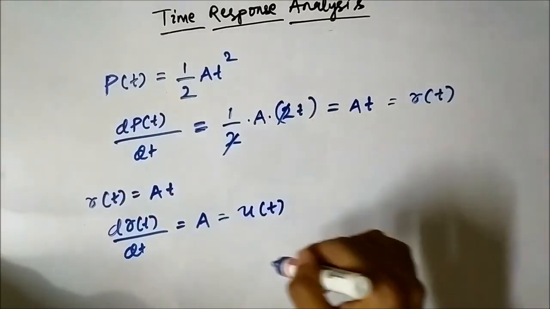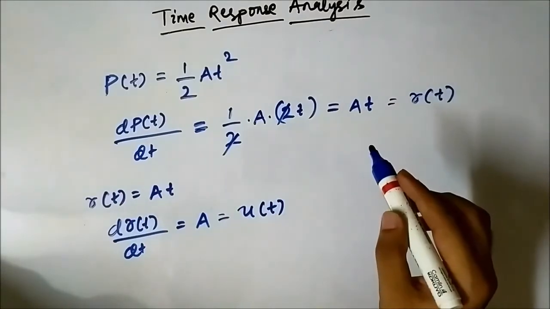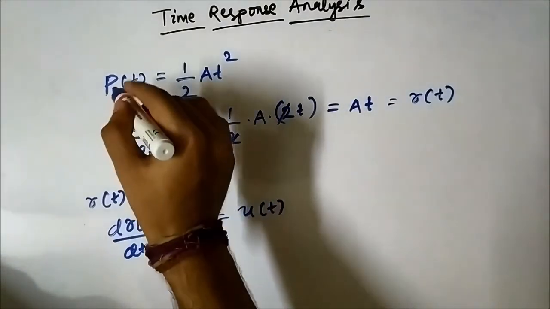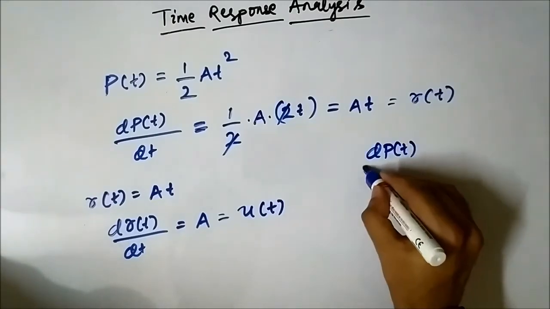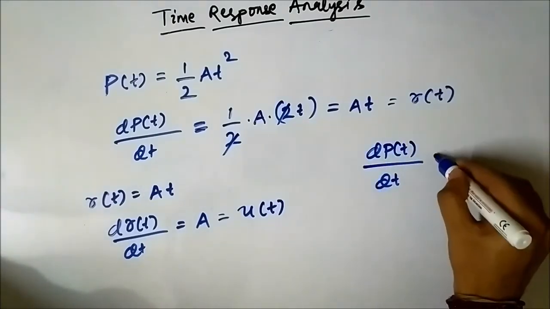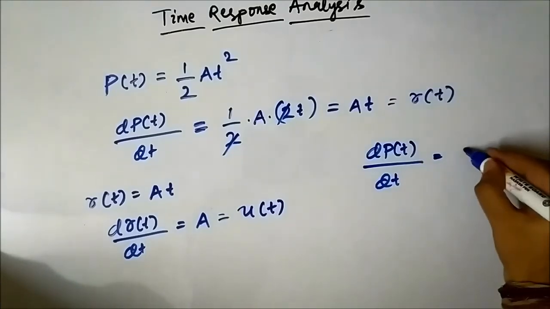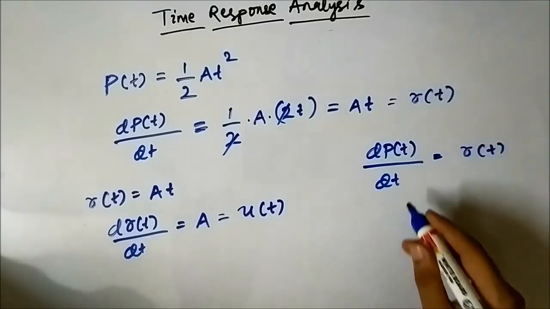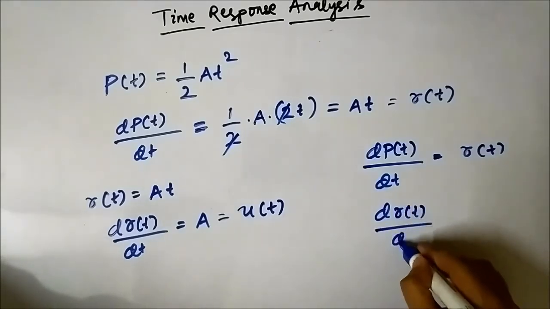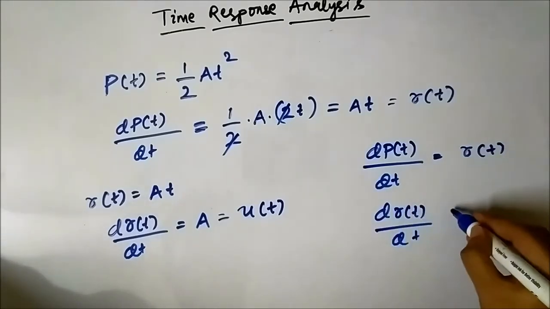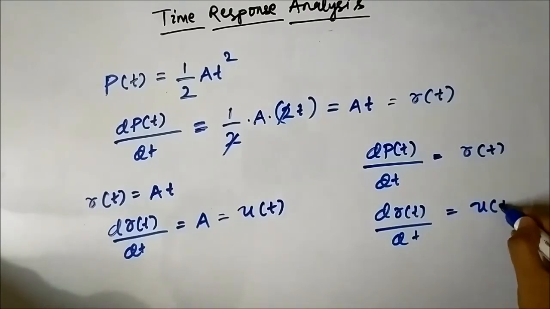So from this, what we conclude is that the derivative of the unit parabolic function gives us the ramp function. The derivative of the ramp function gives us the step function.